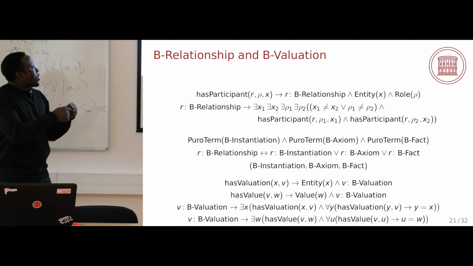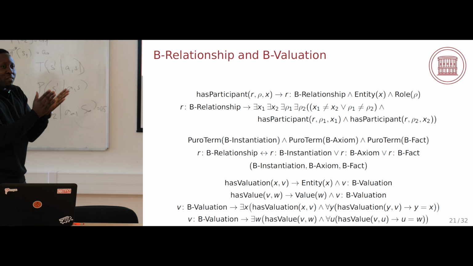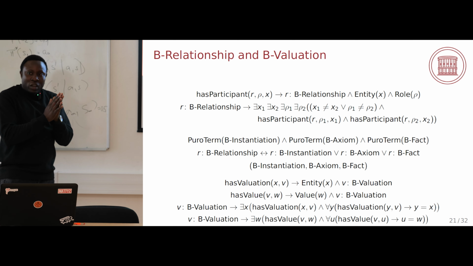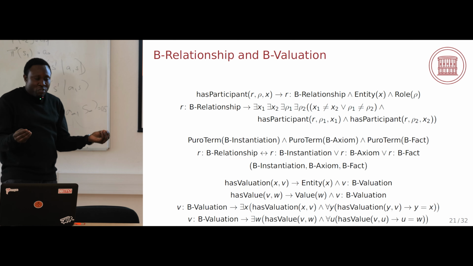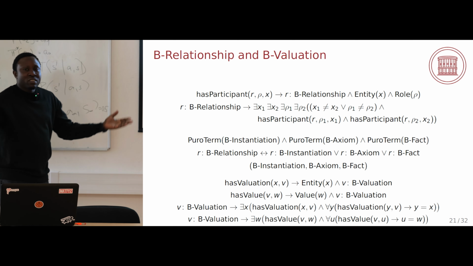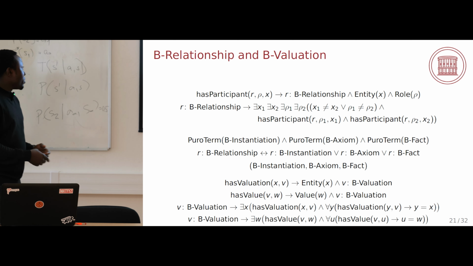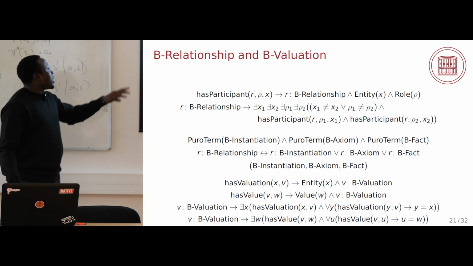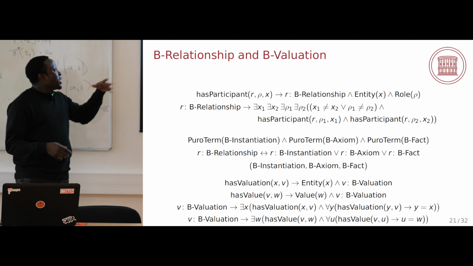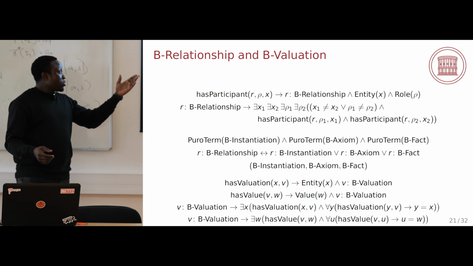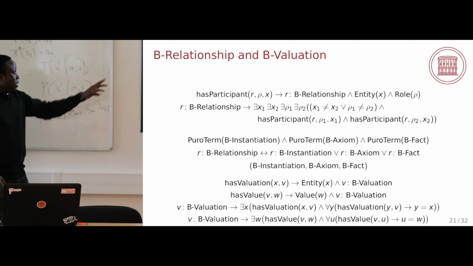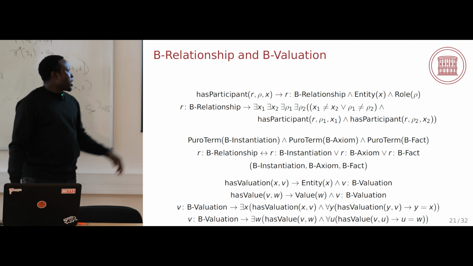So this predicate captures not just a binary form of relationship, but a ternary and different higher forms of relationship that we can talk about. And this B relationship can take different forms: B instantiation, B axioms, or B facts. And these are also disjoint as captured in these axioms.